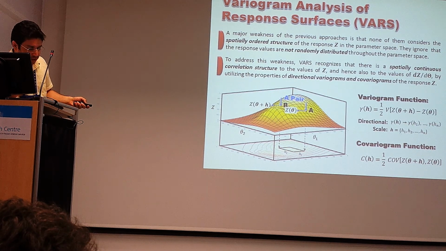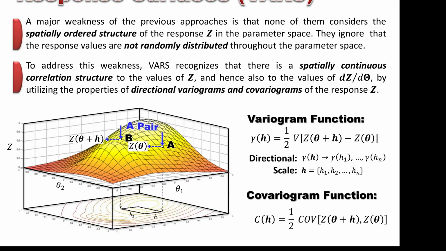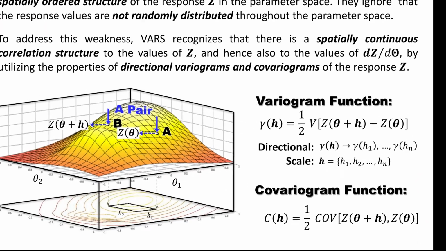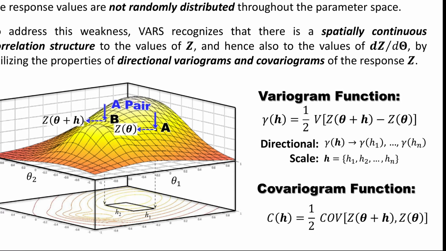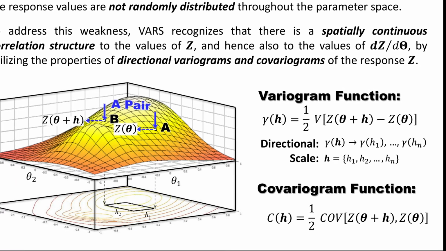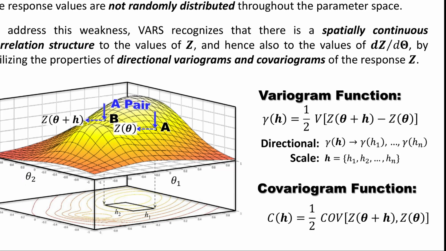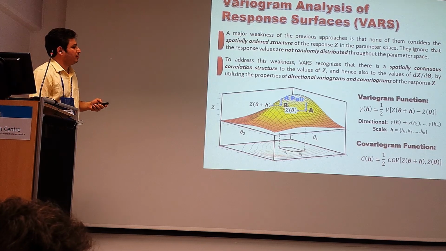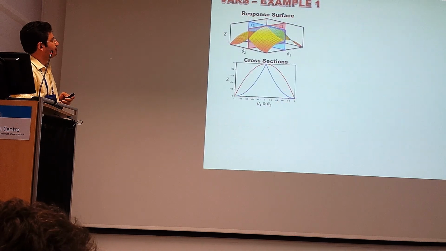We would refer to this h as perturbation scale in the parameter space. So variogram is variance as a function of scale. The covariogram function is pretty similar, but instead of being the variance of change, this is the covariance of points as a function of distance. So we use these two concepts to build the VARS methodology.